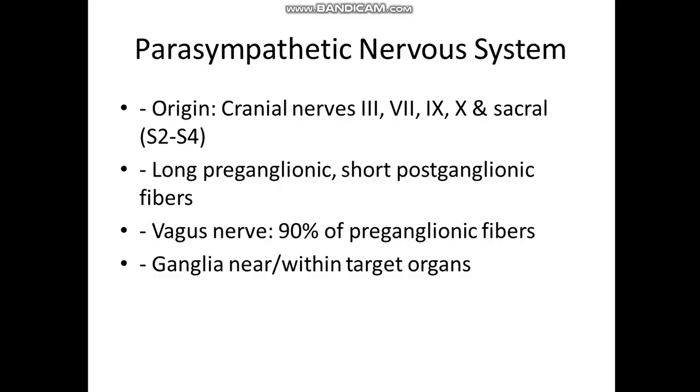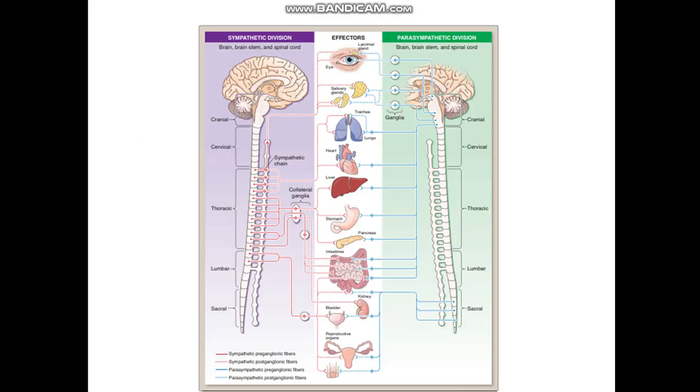In this case, the preganglionic fiber is long and the postganglionic fiber is short, and the vagus nerve constitutes about 90% of preganglionic fibers. So the most abundant nerve is the vagus nerve. The ganglia are just near the target organ, while in the case of sympathetic, the ganglia are near the spinal cord.